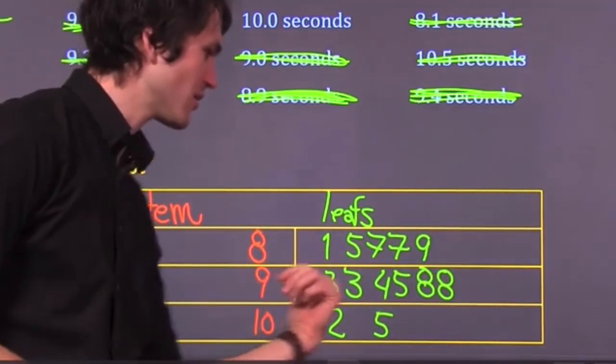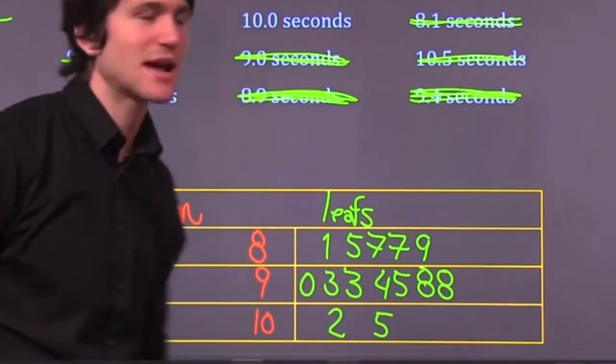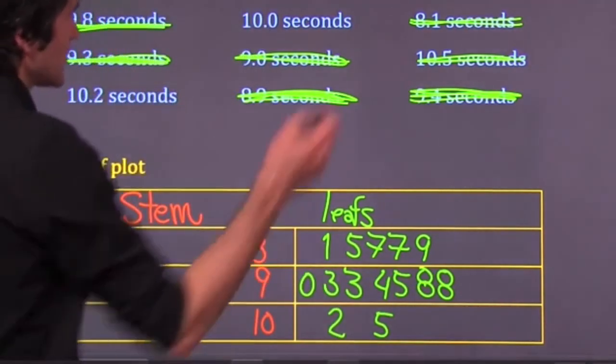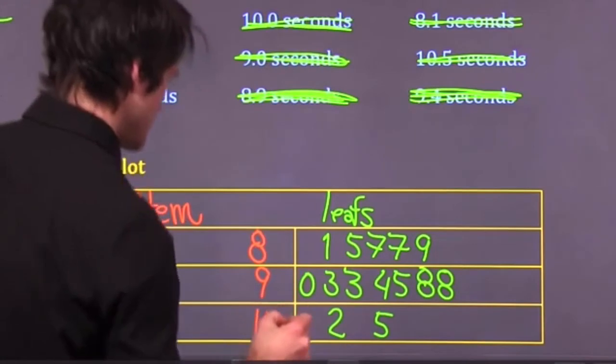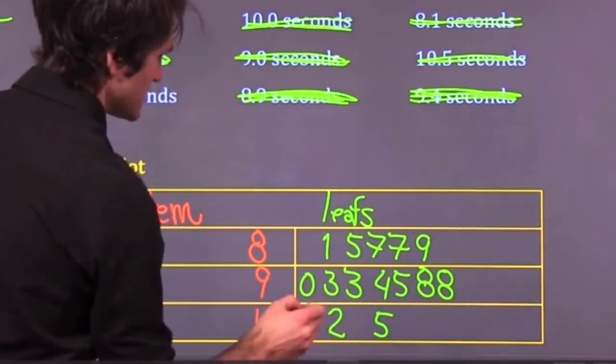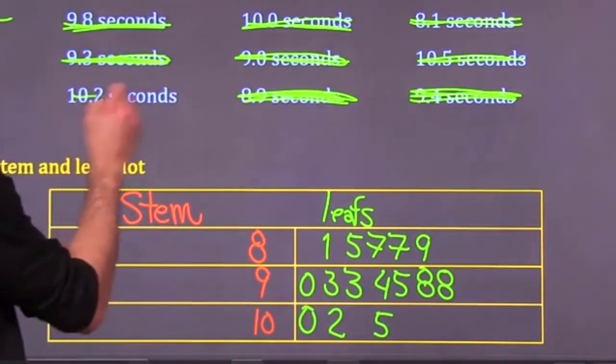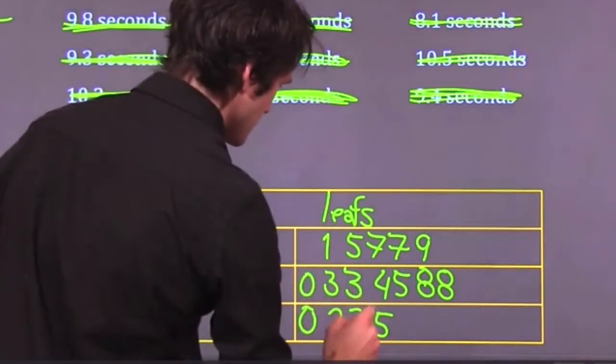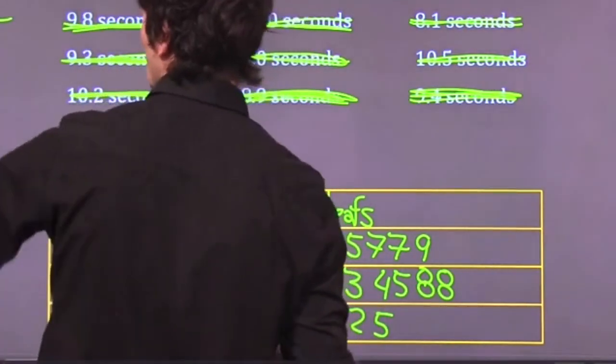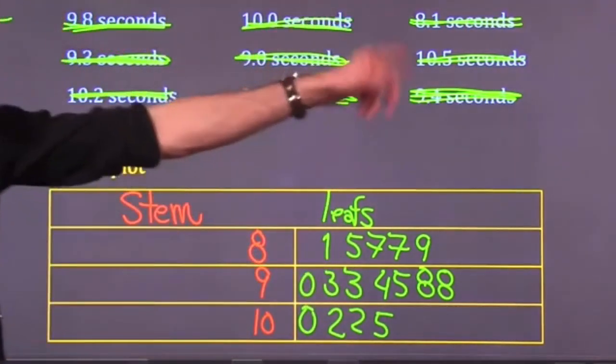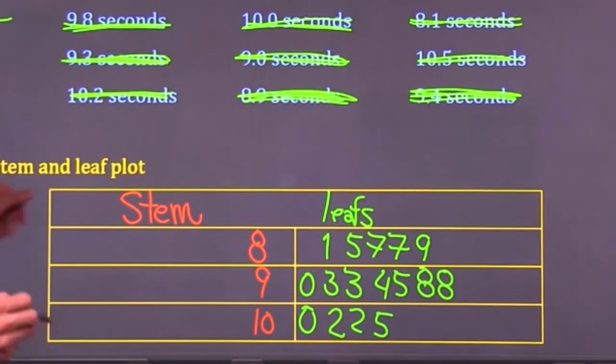It starts from the lowest here and goes higher, higher, higher. This swimmer took 10.0 seconds. Right there. This swimmer took 10.2 seconds. And we got no more swimmers left here. So we actually crossed off every single one of our swimmers, which is good.